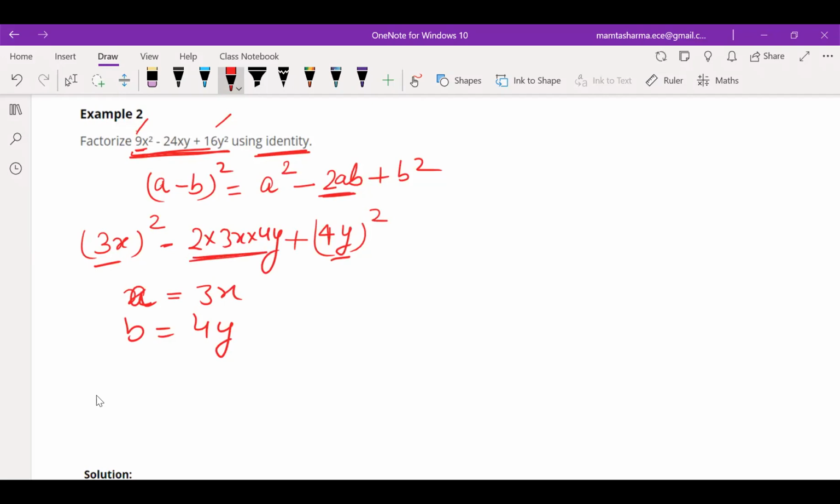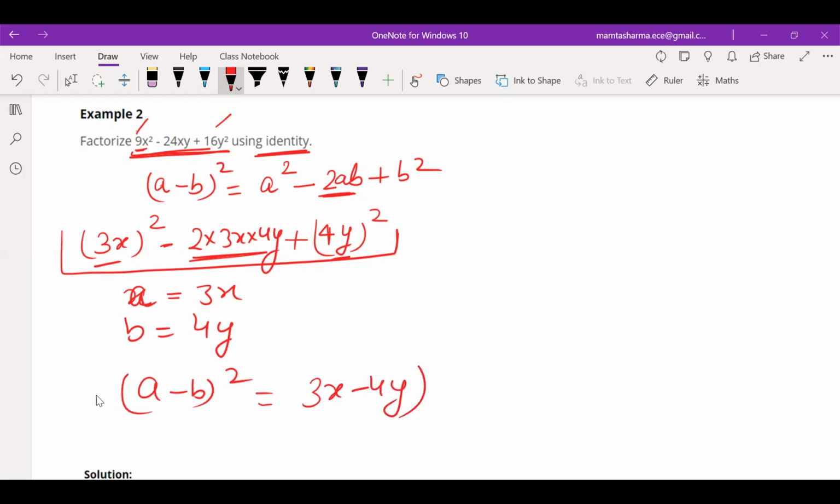So you can express this whole expression into the (a minus b) square identity. This is the solution using the identity. Is there any doubt?